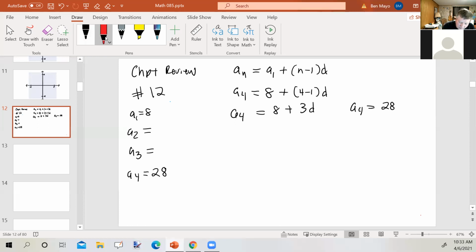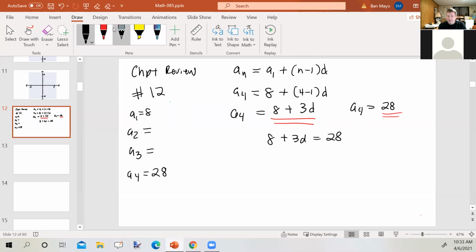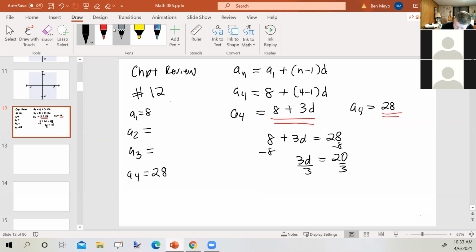So from that, we get 8 plus 3d equals 28. Solving for d, we'll subtract 8 from both sides of the equation. 3d equals 20. Divide by 3, and d equals 20/3. Okay, so 20/3 is the common difference.